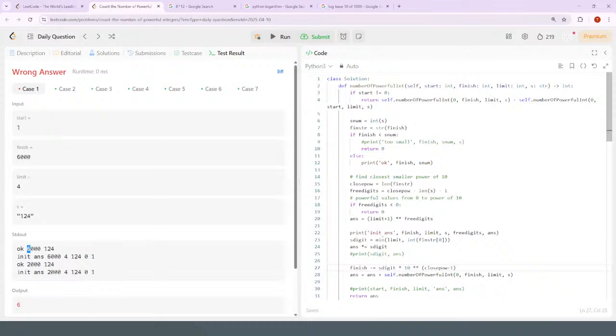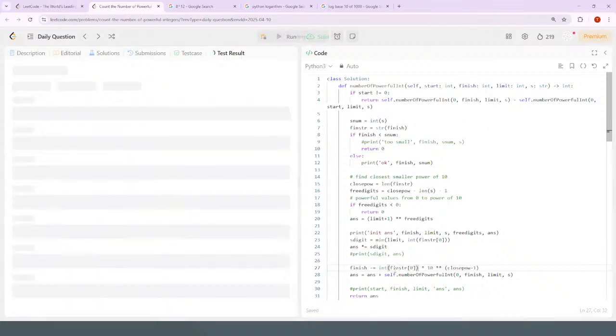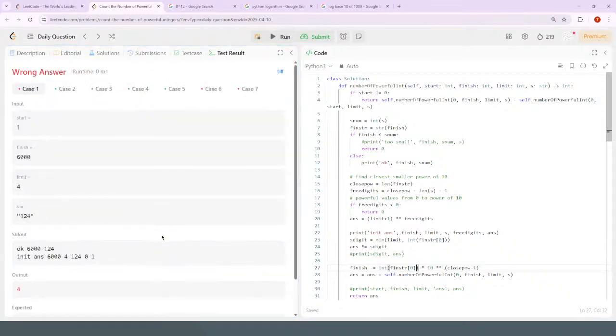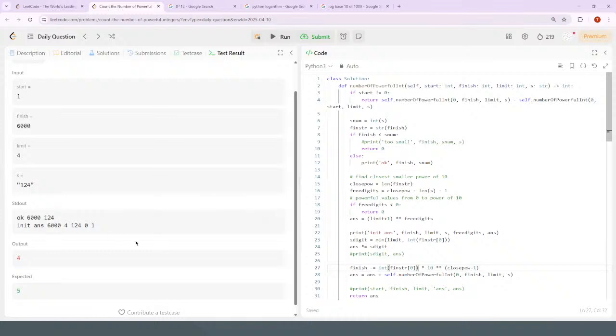So why isn't that correct? Finish, okay, it's the integer value of the first digit of the finish string times 10 to the power of whatever. So it does pretty much one loop in that case. It does 6,124, and there's nothing left over once you subtract 6,000 from 6,000.